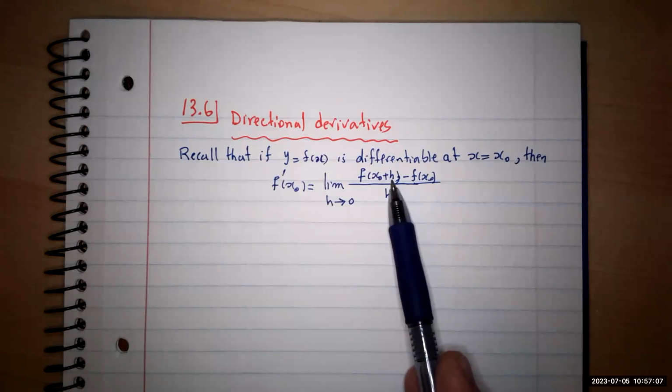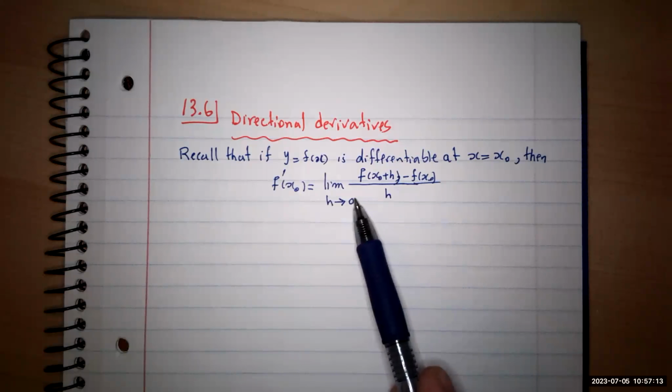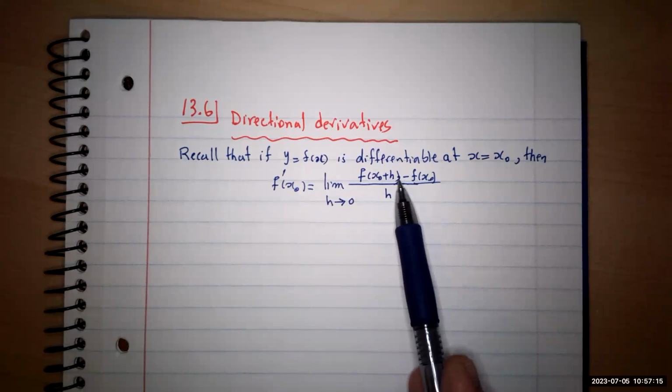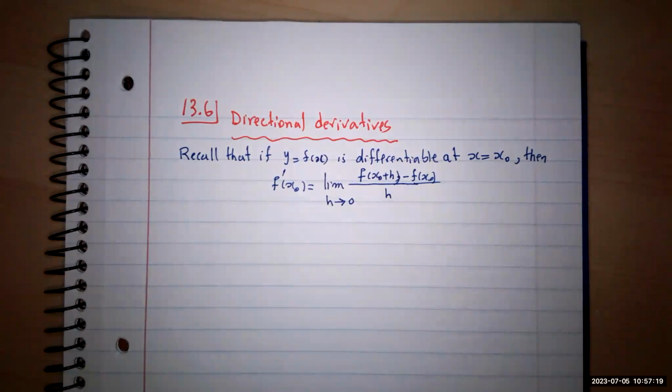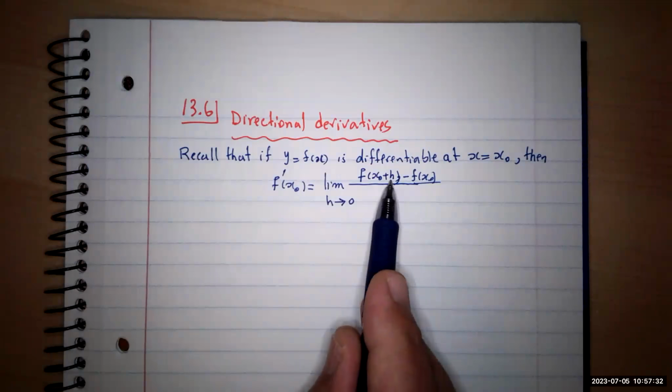So what we have to do is change this h over here to a vector to be able to do it. So we're going to bring a vector here, and that vector is going to be a nice one, a unit vector. You know that the most popular unit vectors are i, j, k. So you can use those or another unit vector. So the only change that we need is to change this h into a vector.